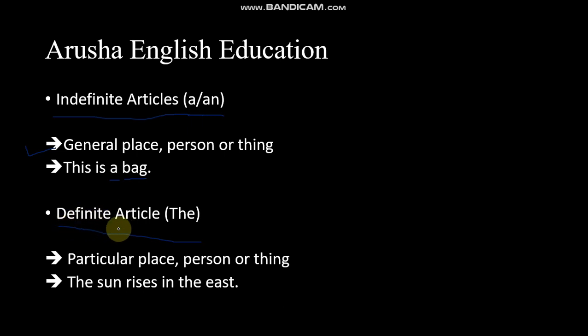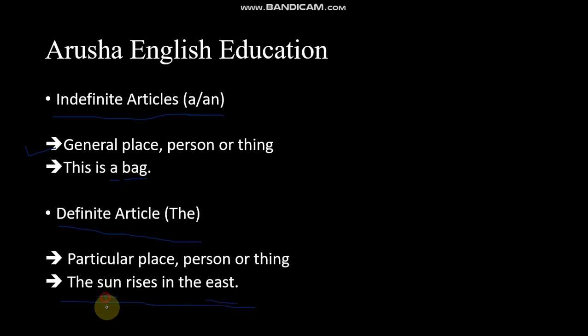Now, definite article. When in the sentence the noun indicates a particular place, person or thing, then the definite article will be used. We will try to understand this with the help of an example. The sun rises in the east. In this sentence, sun is a noun and east is a noun.